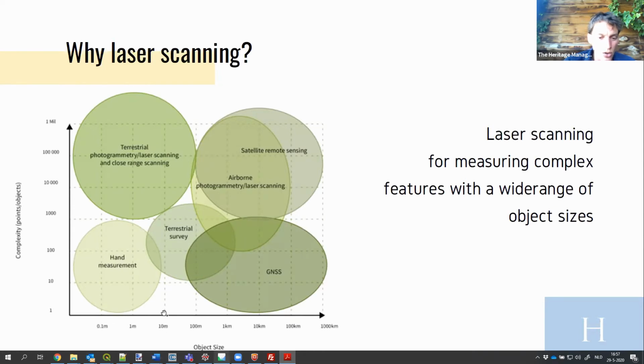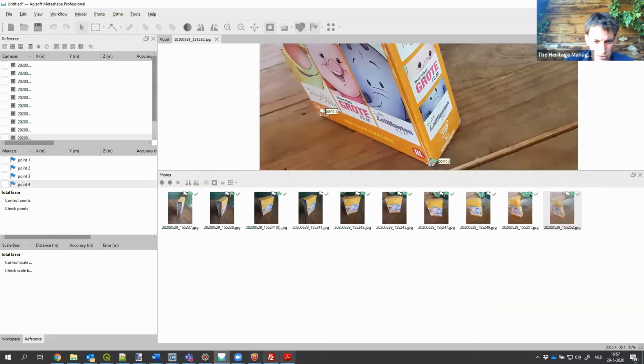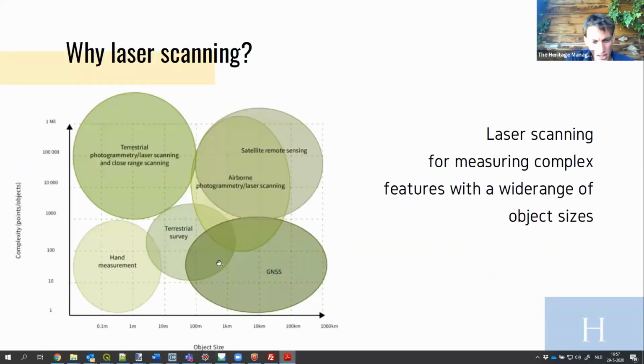That depends on the object size on the one hand. That's what you see here on the x-axis. If my Agisoft is working with me. On the x-axis, you see an impression of the object size, and that goes from objects that have very limited dimensions, like 1 decimeter, to multiple hundreds, up to 1,000 kilometer dimensions of your study object, like entire countries. Most of the time, for an archaeological site, for example, you will be somewhere around here.